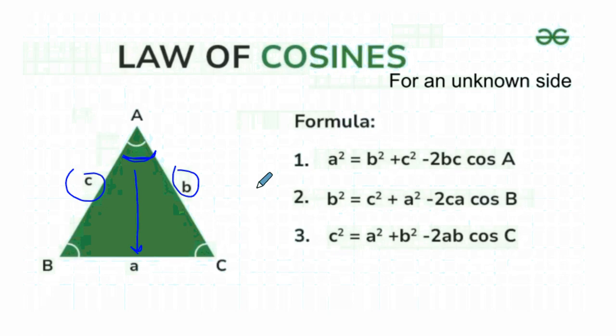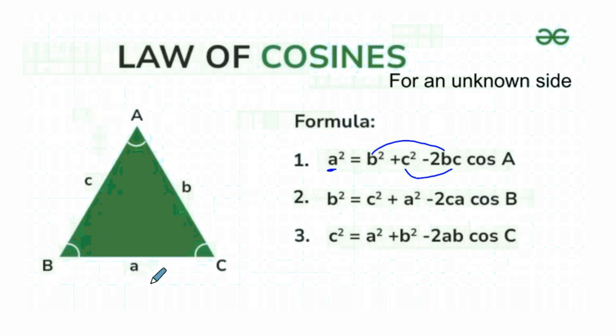So a squared equals b squared plus c squared minus 2bc, the same sides from here and here used again, times the cosine of A. This is just the same equation if my reference angle was b or c. So let's put some numbers here and see if we can do some solving.